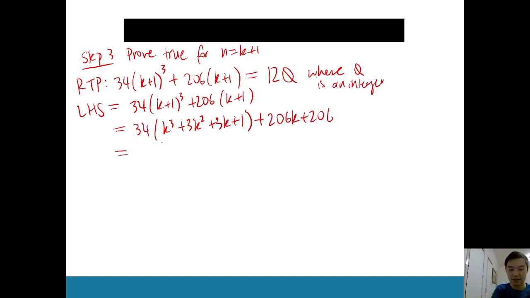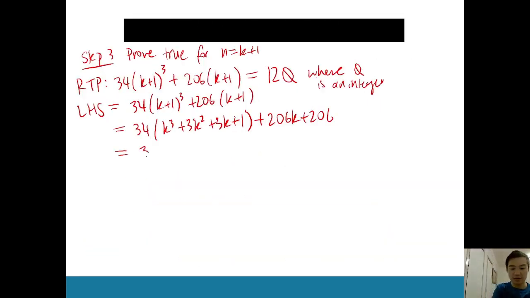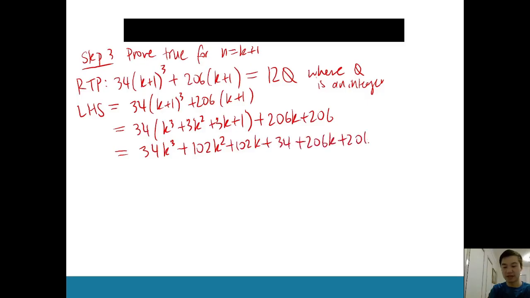When we expand, that's going to be 34k cubed plus 102k squared plus 102k plus 34 plus 206k plus 206. So this is what we have on the left-hand side now.